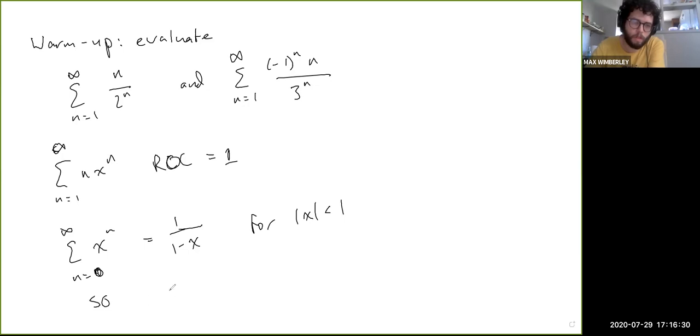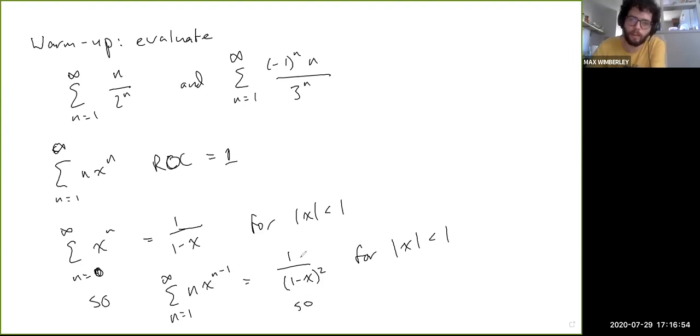So the sum of n x to the n minus 1 from n equals 1 to infinity is 1 over 1 minus x squared, by taking derivatives on both sides up here. This is also for absolute value of x less than 1. So then the sum of n x to the n is just x times this, right? So the sum of n x to the n from n equals 1 to infinity is x over 1 minus x squared.